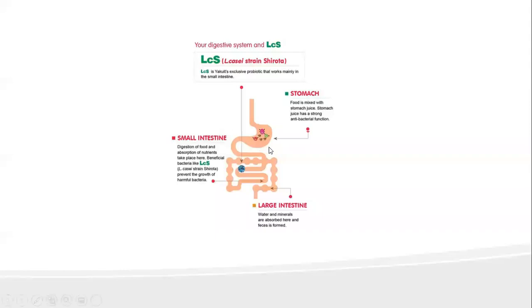Okay. So basically, you need to now understand where probiotic really works in your system. As I told you, it is in your large intestine and small intestine. Some of the lactobacillus works on your small intestine layer, which basically helps you absorb nutrients. But that is not the one where everything happens.